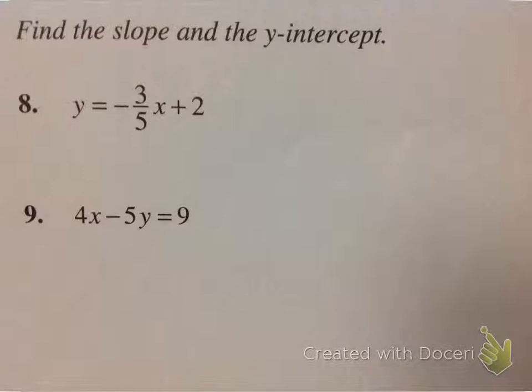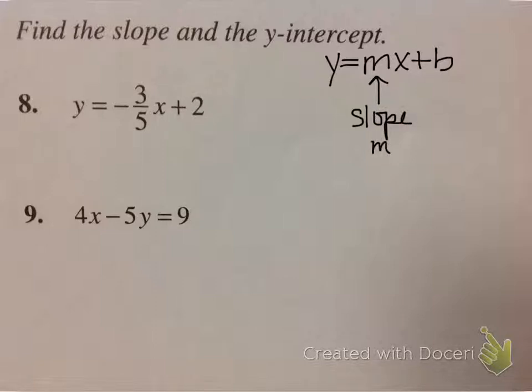So now, if we have equations and we're asked to find the slope and the y-intercept, is in slope-intercept form, meaning if it's in y equals mx plus b form, then that means the number in front of the x will be your slope, or your m, and the number by itself is your y-intercept, which we also call the b.